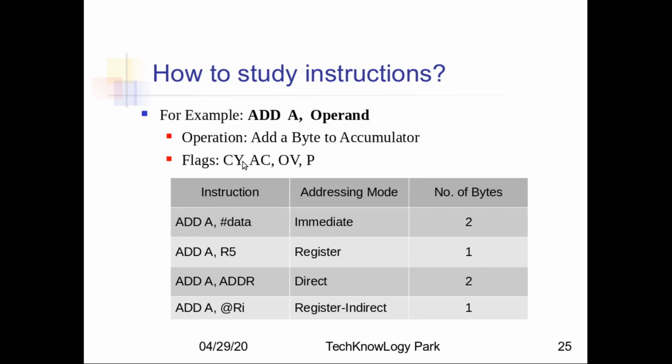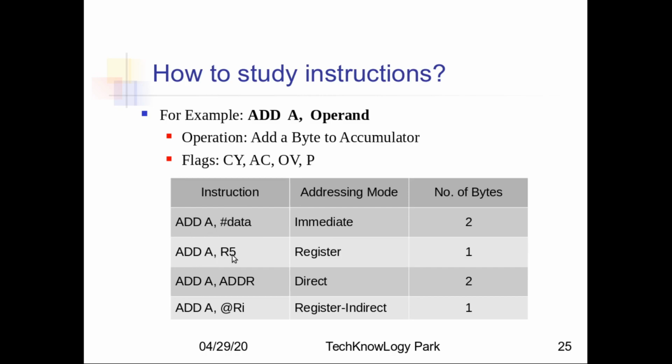And flags affected, remember which are all the flags affected: carry flag, auxiliary carry flag, overflow flag, and parity flag. After executing this instruction, all these flags will be affected. And which are all the addressing modes supported. Look at this. ADD A, #data, this is immediate addressing mode. Number of bytes 2, because 1 byte for this and another byte for the opcode.